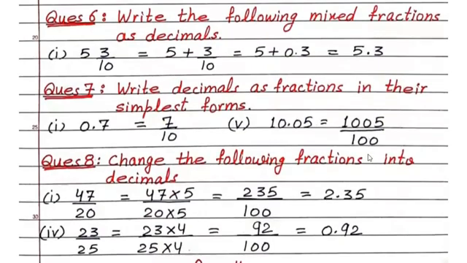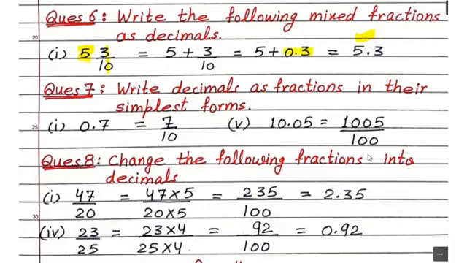Now let us discuss question number 6. Question number 6 is, write the following mixed fractions as decimals. The first one is, children, you can see that 5 is the whole number. So 5 will come as it is. Then 3 upon 10 is a fraction. 3 upon 10 means 0.3.